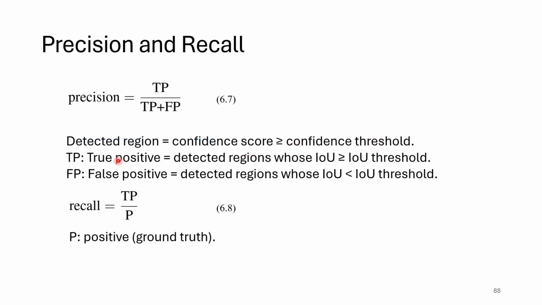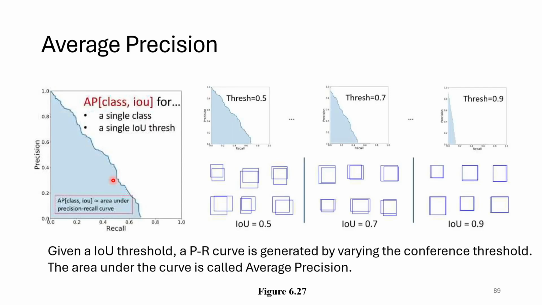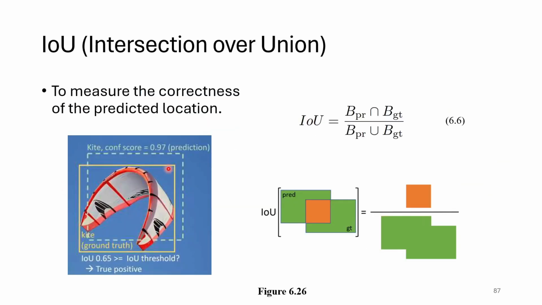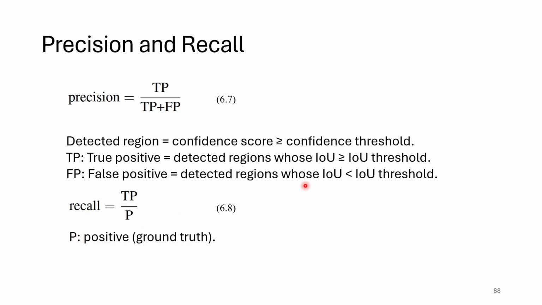And the true positive and the false positive depend on, okay, if there is a ground truth, how much the detected region overlaps with the ground truth. So there will be another threshold, meaning the IOU threshold. So if we want to calculate the precision, it will be affected by two factors. One is the confidence threshold, another is the IOU threshold.